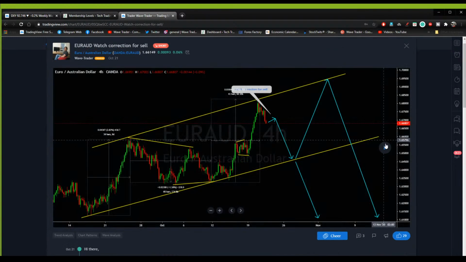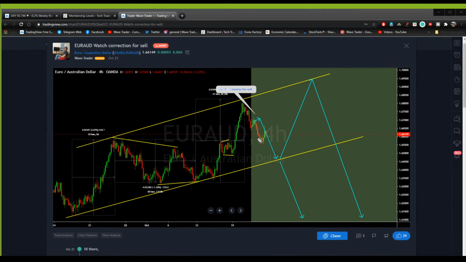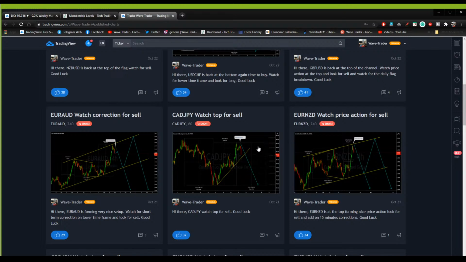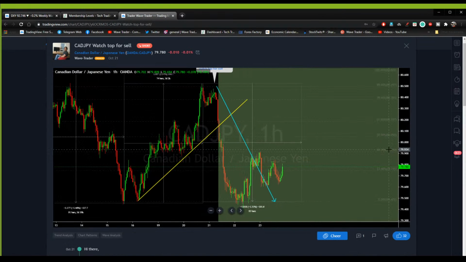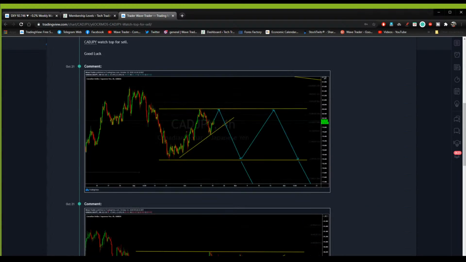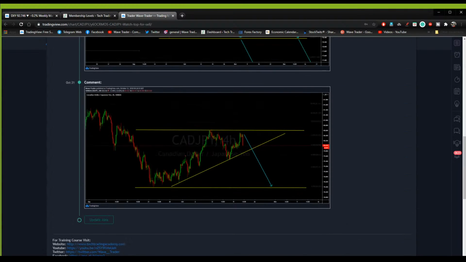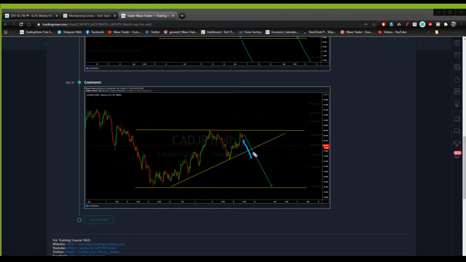Euro Oz went lower. Next week this correction which we are having may keep dragging lower and break the trend line, or go back up for another leg and then drag lower. So Euro Oz is also at a good spot to watch for it to continue to go lower. CAD yen went lower, so next week we may see another leg there, that ABC move.